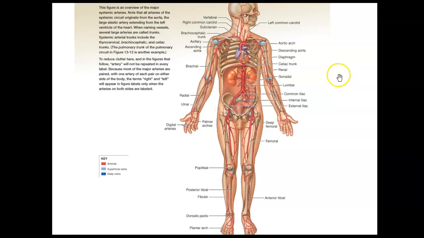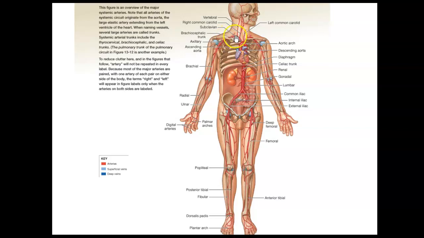Okay, so we have the major arteries of the body. We're going to start with the vertebral artery and the right common carotid artery. The carotid arteries, remember, are the ones where you can put your fingers up against your neck and feel your pulse. Then we have the subclavian artery. Clavian refers to clavicle. It's up here near the collarbone.